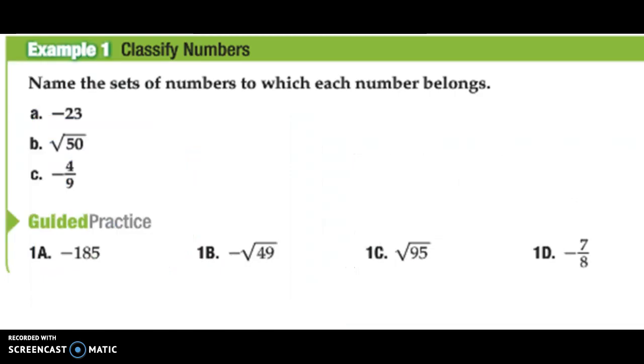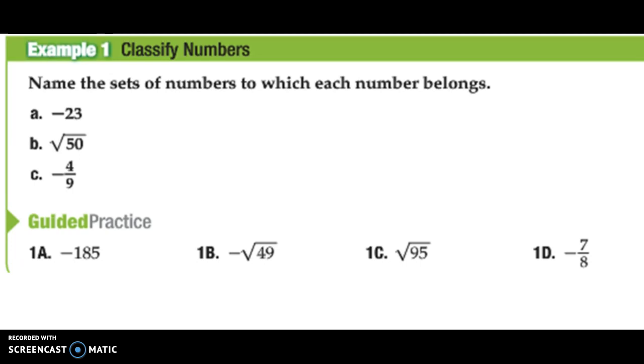This first example we're going to look at, we're going to start naming the sets of numbers in which each one of these is included. Now there's some certain letters or symbols that represent each set of numbers. So I'm going to look at letter A, negative 23. Now I always start at the smallest amount and work my way up to bigger. Okay? So if I look at this one right here, negative 23, well, it's a negative number.